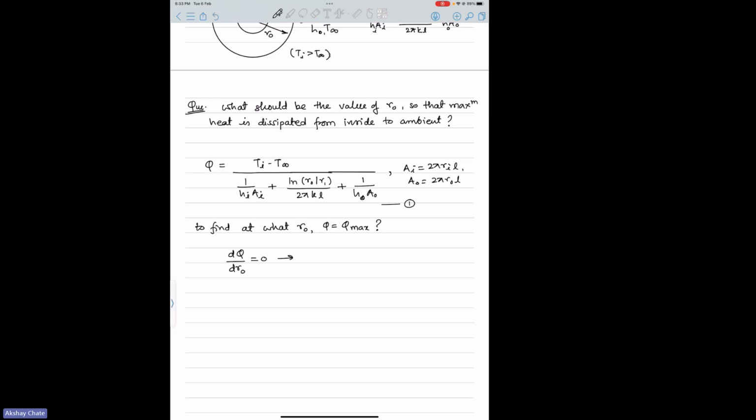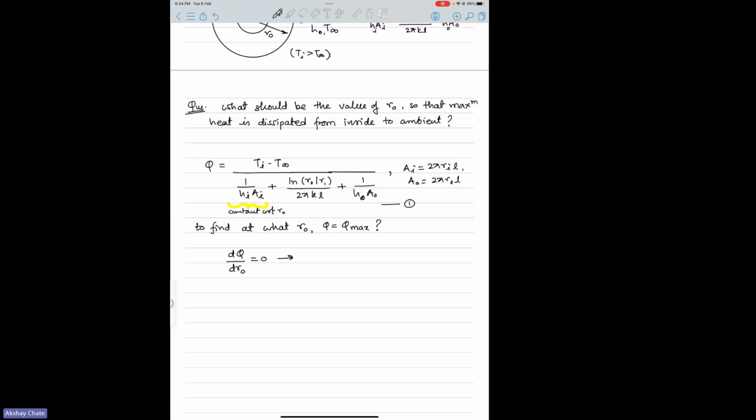And what happens, since we are differentiating with respect to Ro, this term 1 by Hi will become constant with respect to Ro. Maybe I should write it. It becomes constant with respect to Ro.